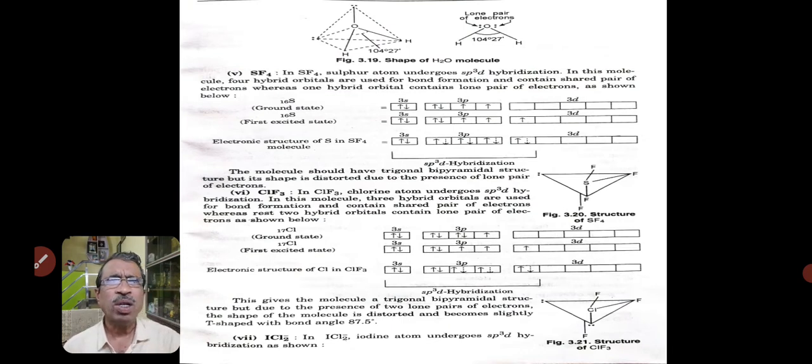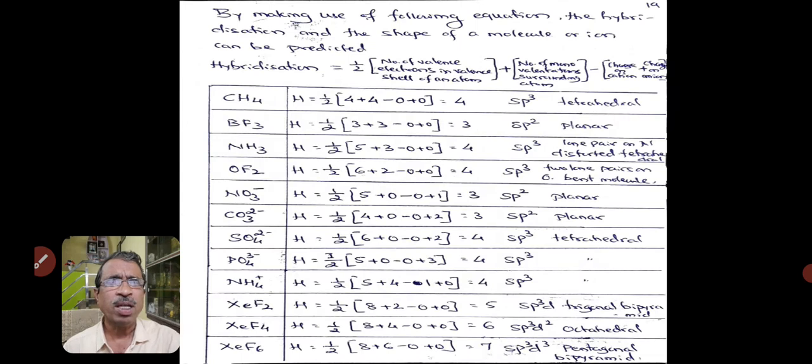Like this, we have the sulfur tetrafluoride molecule and its shape, the chlorine trifluoride molecule and its shape, and the ICl2 minus, iodine dichloride ion, whose shape is also given here.